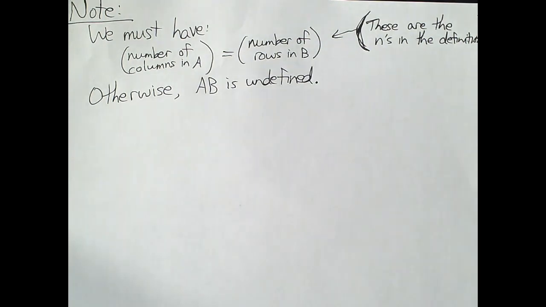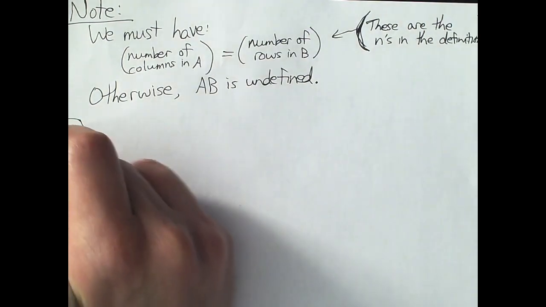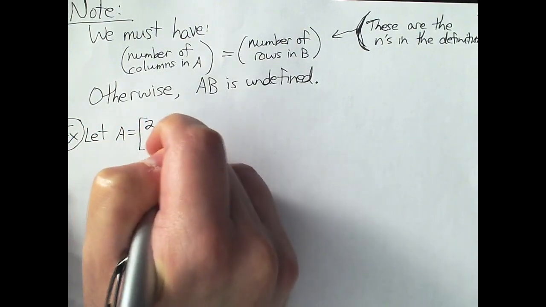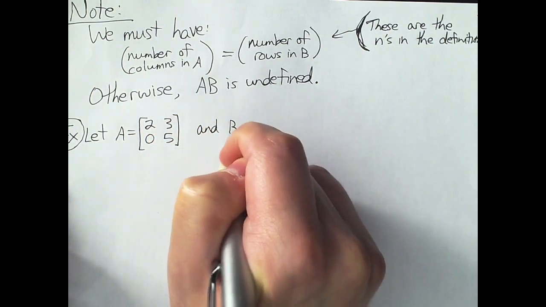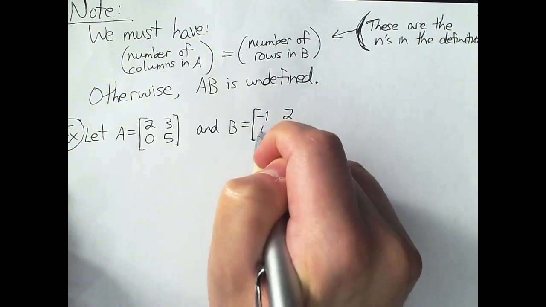We just say it's undefined. All right, let's do an example. I'll do this first example for us. Let A equal [2, 3; 0, 5], and B equal [-1, 2; 4, -3].